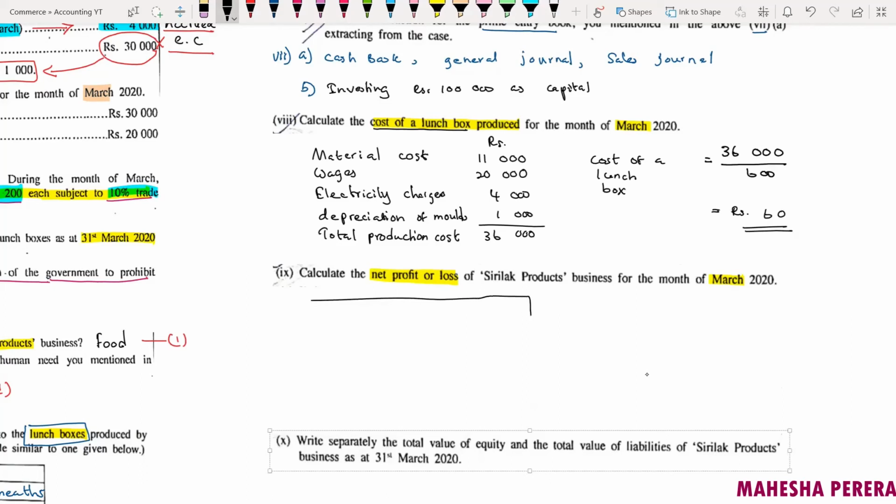No need to write any titles, right? We have to have 2 columns. And rupees here, right? So we have to have 2 headings. The income, normally we have sales as the income, right? And less expenses.